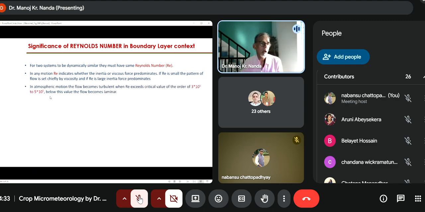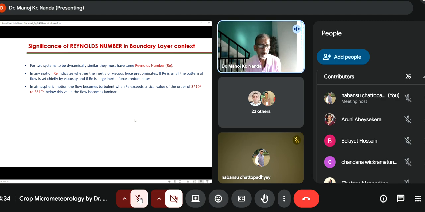Now, usually the threshold limit is 3 lakh to 5 lakh. As Reynolds number exceeds 5 lakh, it becomes totally turbulent. If Reynolds number is below 3 lakh, then it is laminar. This is for the open atmosphere, on a plate. If you apply it to a pipe, then the value may be around 2000 to 20,000.